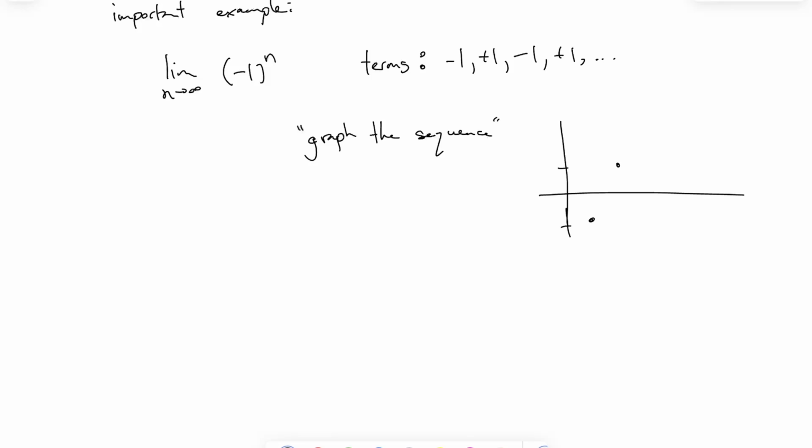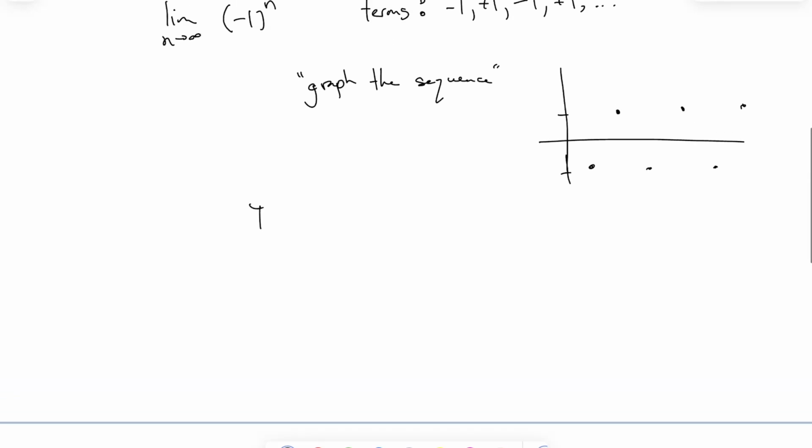It's not going to be a curve, it's just going to be individual dots. -1, then +1, then -1, then +1. Then you just go on like this forever, all right? I hope you agree when I say these do not approach anything. They just continue bumping back and forth. They don't get closer to any value in particular. So here, these do not approach any value.